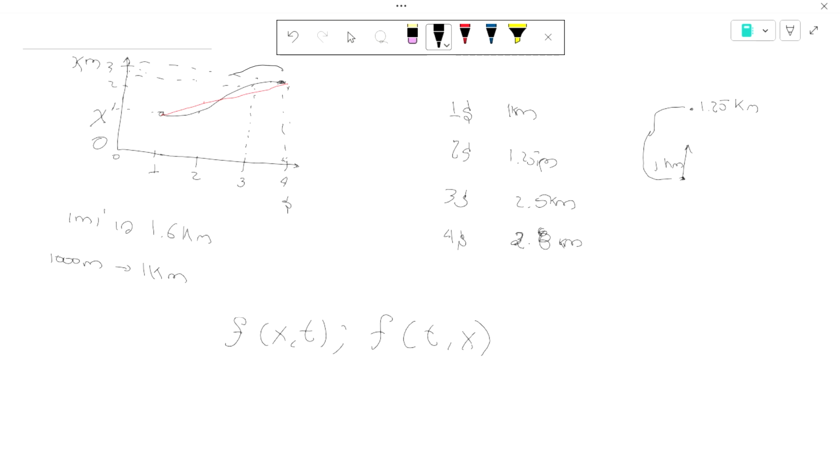And this could be expressed mathematically as some type of cubic function. I don't really know, it doesn't matter right now. But the point is that this is a rectilinear function. So we're going to start by dealing with these type of functions.